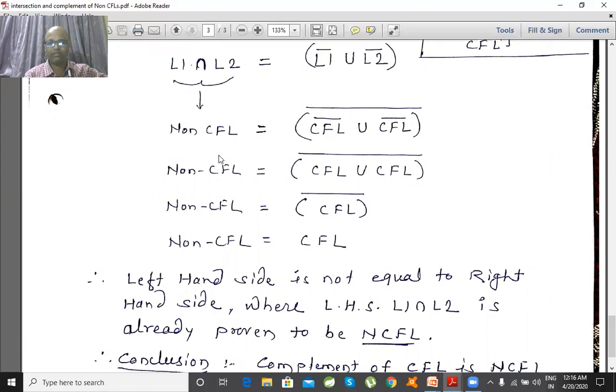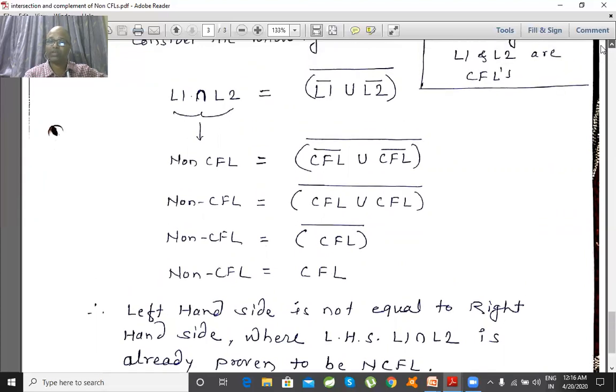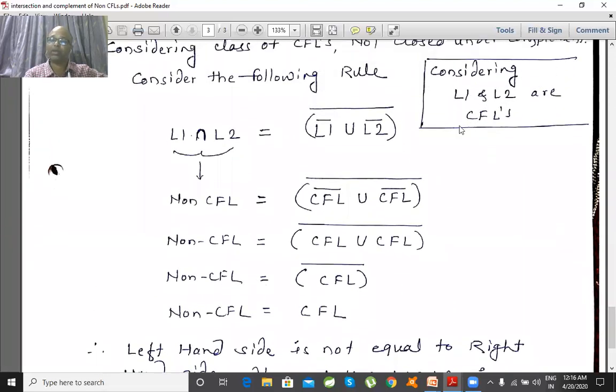But the left hand side is already proven, so the left hand side is not equal to the right hand side. That means my assumption of L1 and L2 being context free with respect to complement is false.